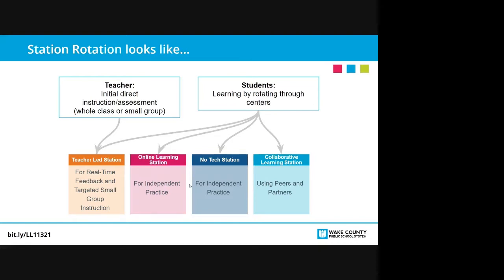But the 3 that you most likely will see are students working in an online learning station, a no-tech station, and then some sort of collaborative learning station, okay? That's the gist of what those kids will be doing when they're not with you.